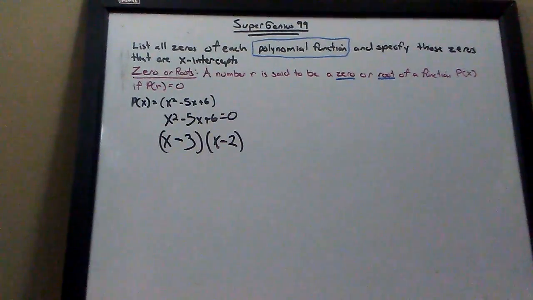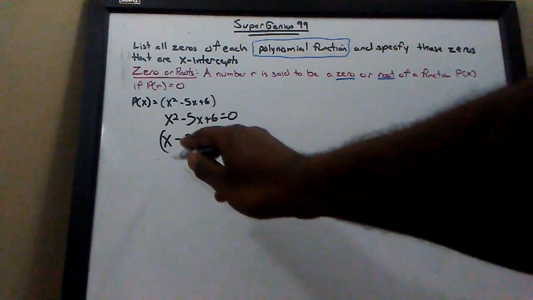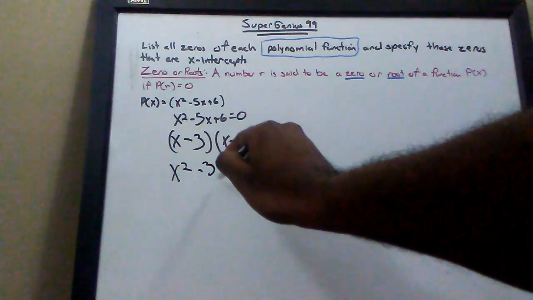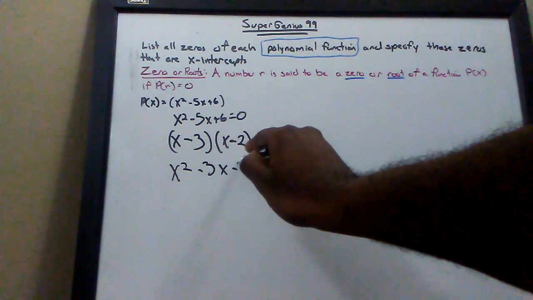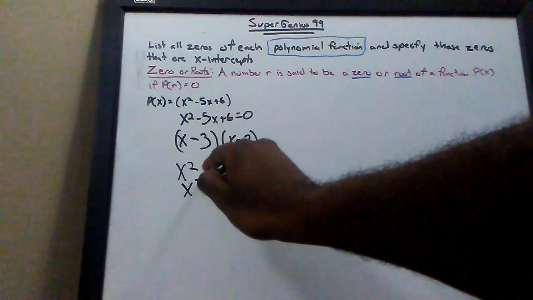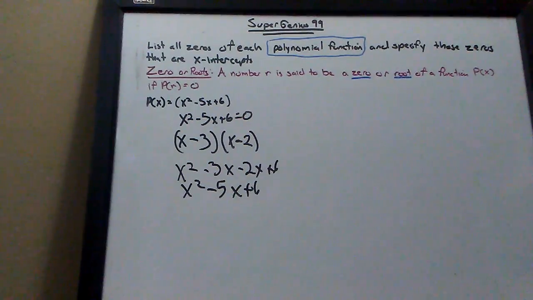Okay, so there we have 2 and 3. Okay, so then let's try that. What happens when we multiply that out? We get x squared minus 3x, okay, minus 2x plus 6, added together x squared minus 5x plus 6. So that's our original answer, so that works for us.